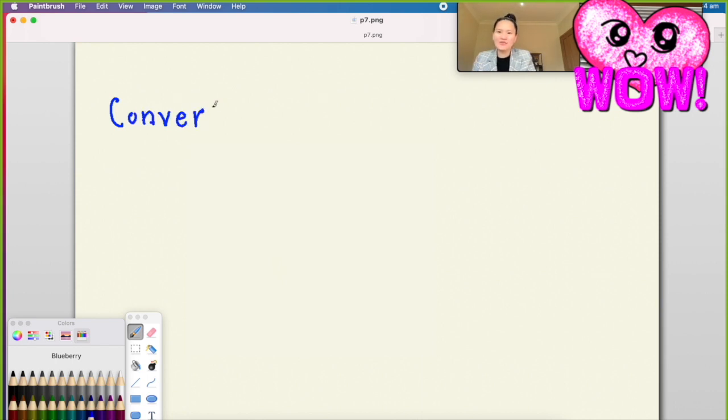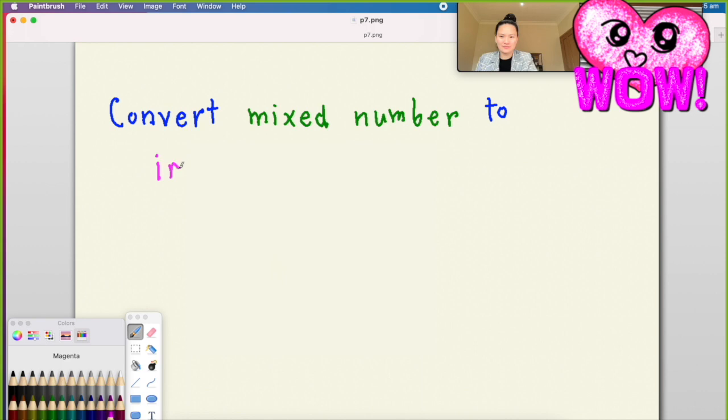Okay. We're going to convert the mixed number to improper fraction. Grace, what is improper fraction again, please?